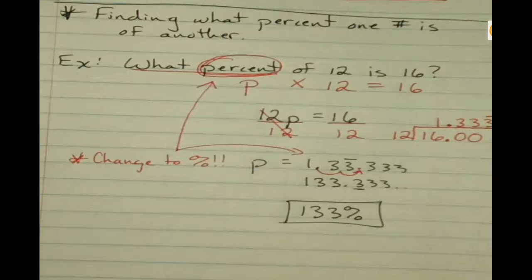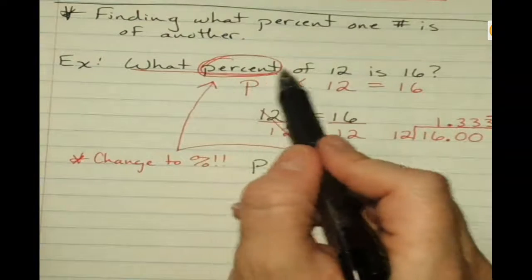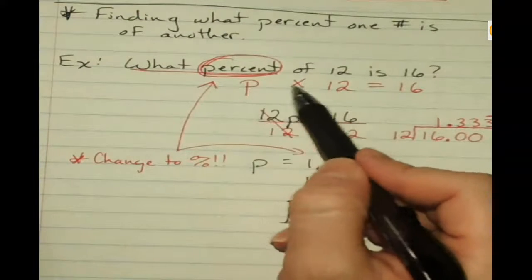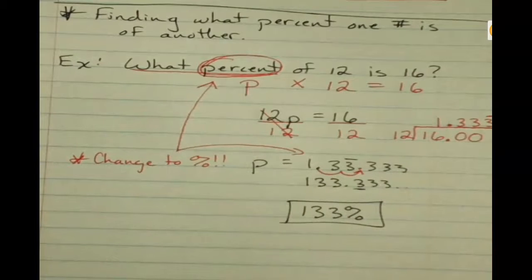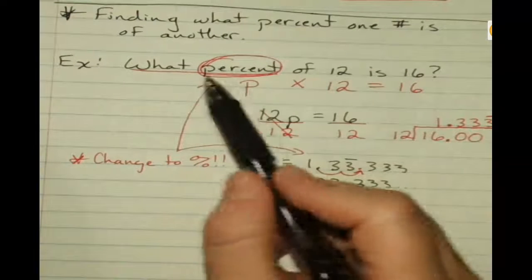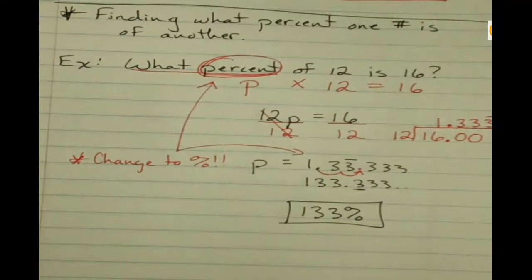The only thing that really gets my students, everyone gets on board. I remember of the 8th grade class last year, which ones sometimes struggled with this. And they were stubborn little children, I'm not going to name names, who refused to write out the question and write the little things underneath. Now, some kids won't need to do this. They can just write out P times 12 equals 16 and be good.